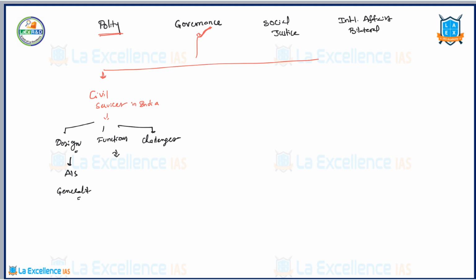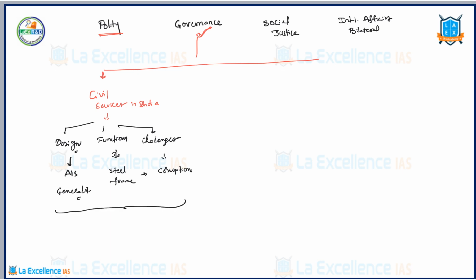And then how the civil services acts as the steel frame of India, and how this steel frame is weakening, and what are the various challenges. Simple examples: corruption, weakening of accountability, growing casteism and communalism among the civil servants. All these are the challenges which the civil services is facing.